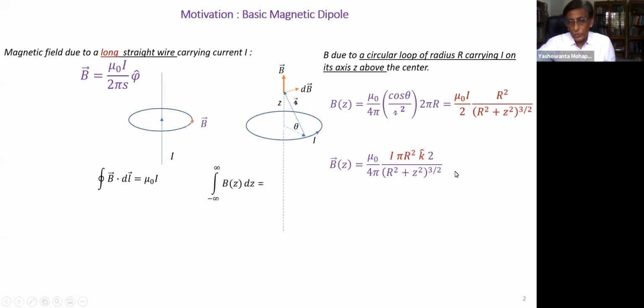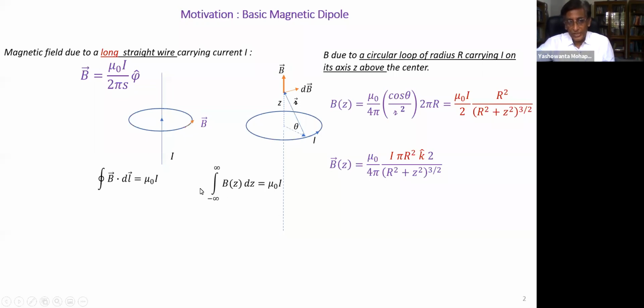Here you can also see that if I integrate B z from minus infinity to infinity, you can think of it as another huge, infinite loop, and that will be equal to mu naught I. I just wanted to contrast these two: one is the infinite straight current and its magnetic field, and here is a circular loop of current and the magnetic field around the axis.